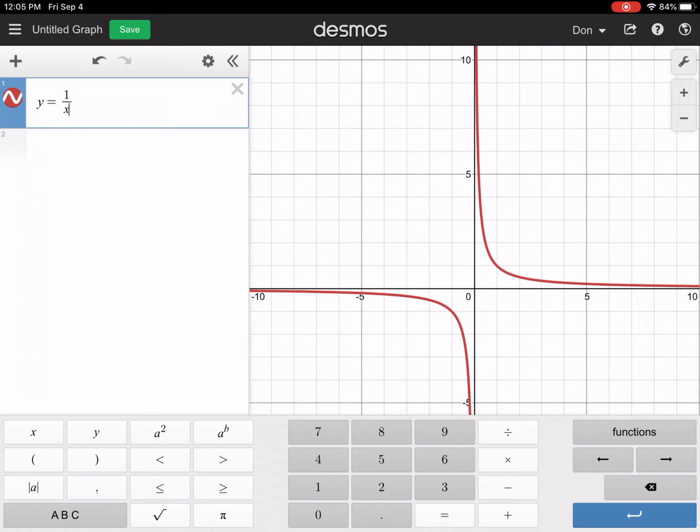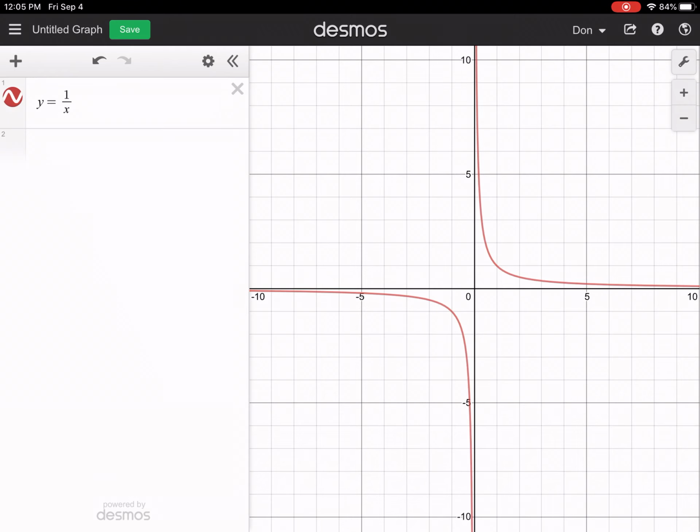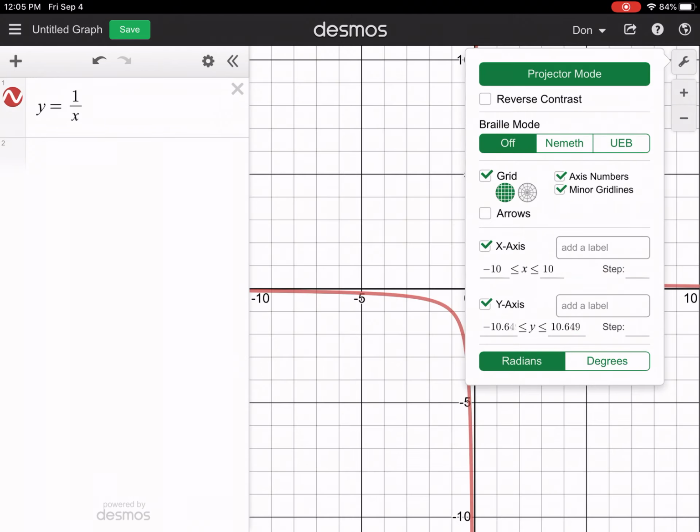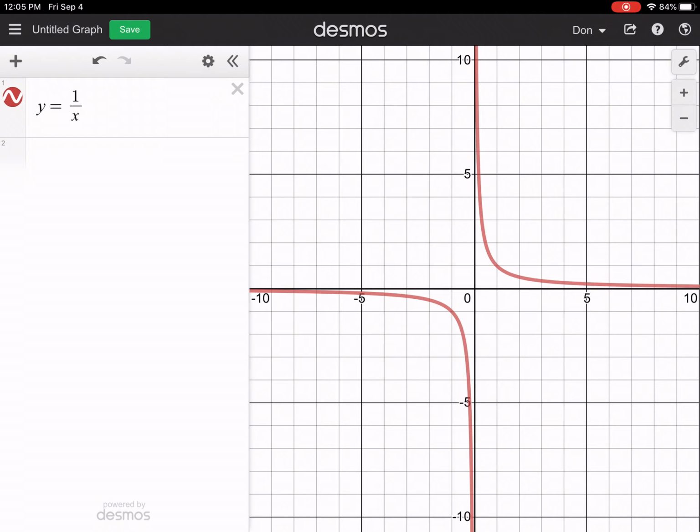There's a sketch of the graph, right? So I got a rough idea of what the graph looks like, or a very good idea of what the graph looks like, to be honest. And you can see it's got those two parts, and remember, it's got asymptotes if you recall. It's got a vertical asymptote on the y-axis. It's got a horizontal asymptote on the x-axis.